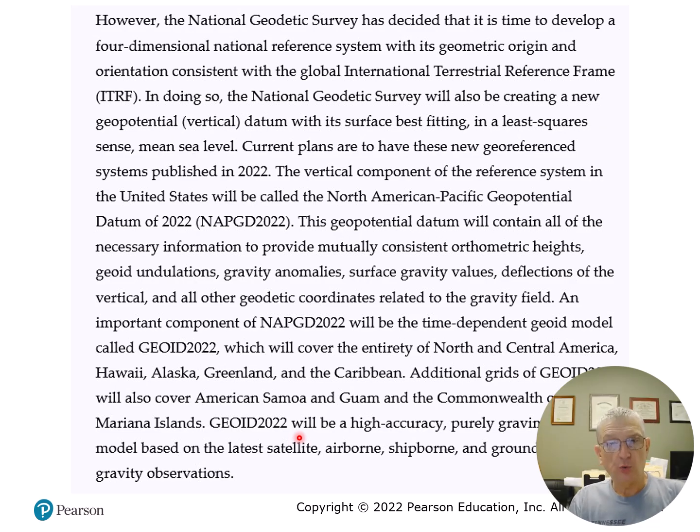But the new datum is going to be called, at least for us, the North American Pacific Geopotential Datum of 2022, or NAPGD 22. That's what it will be called.